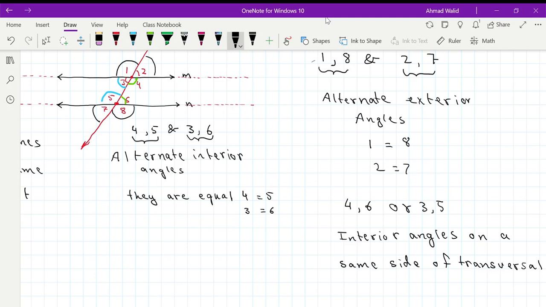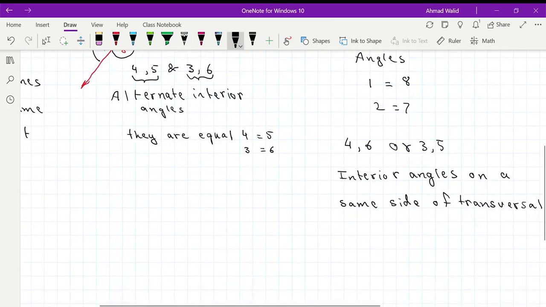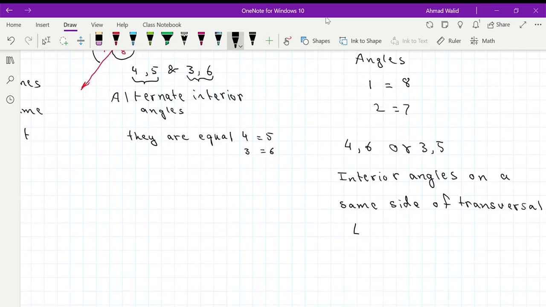What is the relation? Four plus 6 gives you 180 degree, or 3 plus 5, if you add them, they give you 180.